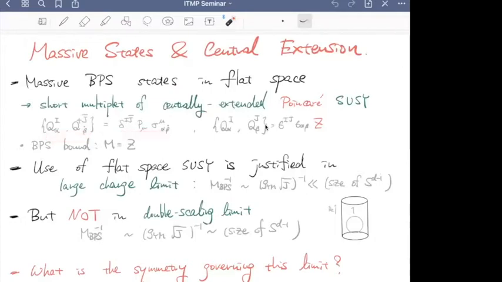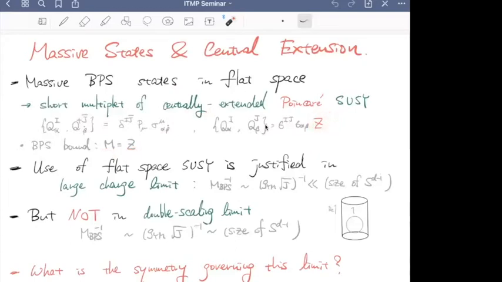Q and Q dagger commute to momentum translation. But in extended SUSY theories, you can also consider an anti-commutator of Q and Q, and it can have non-trivial central extension. And the BPS states, which live in the short multiplet, satisfy the BPS bound, which basically says the mass is equal to Z.